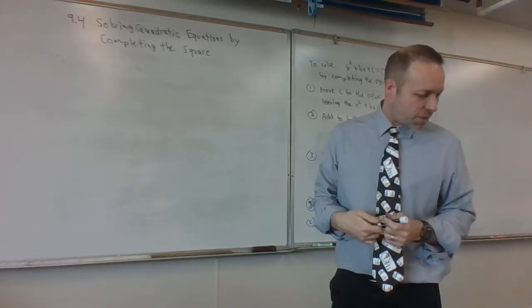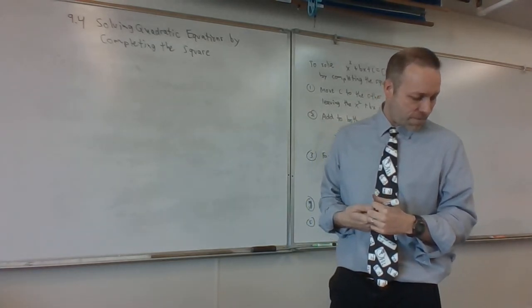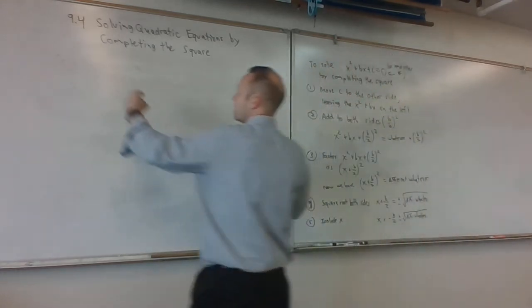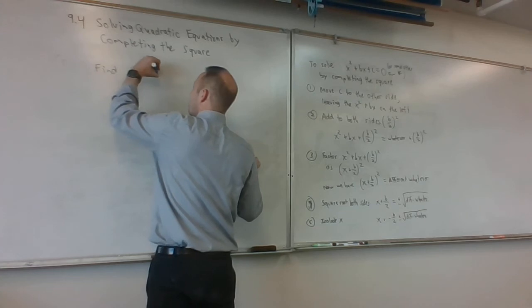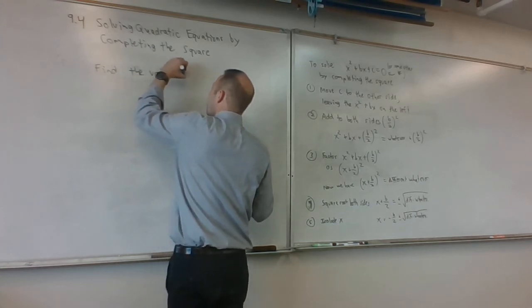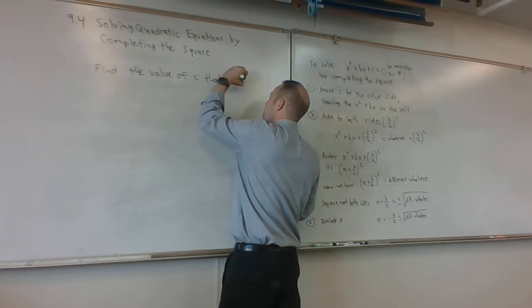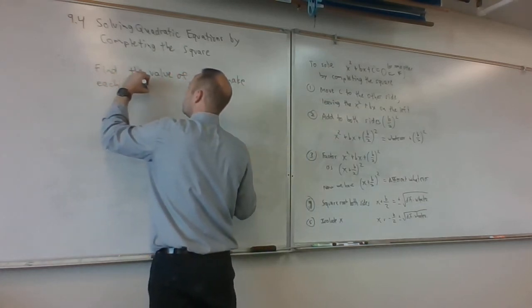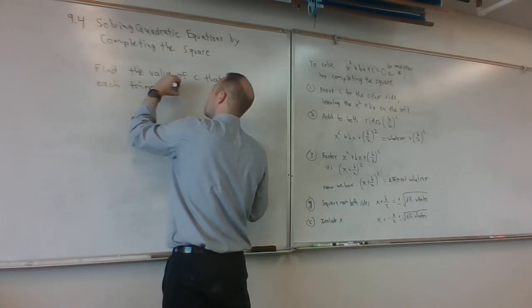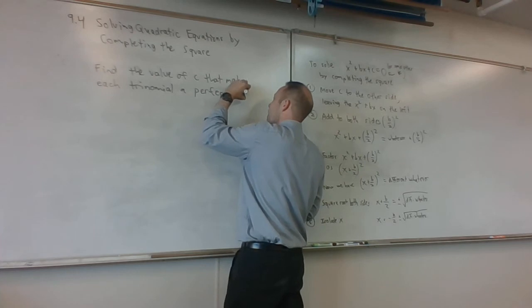The first section of the homework is: find the value of C that makes each trinomial a perfect square.